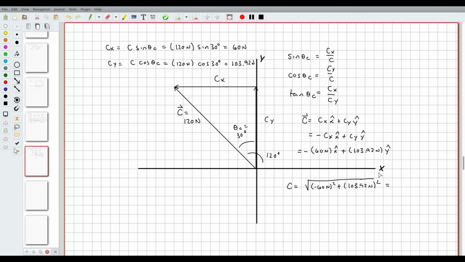Minus 60 squared plus 103.92 squared, 120. It's 119.997. Again, it's a rounding thing. So you get 120 back.